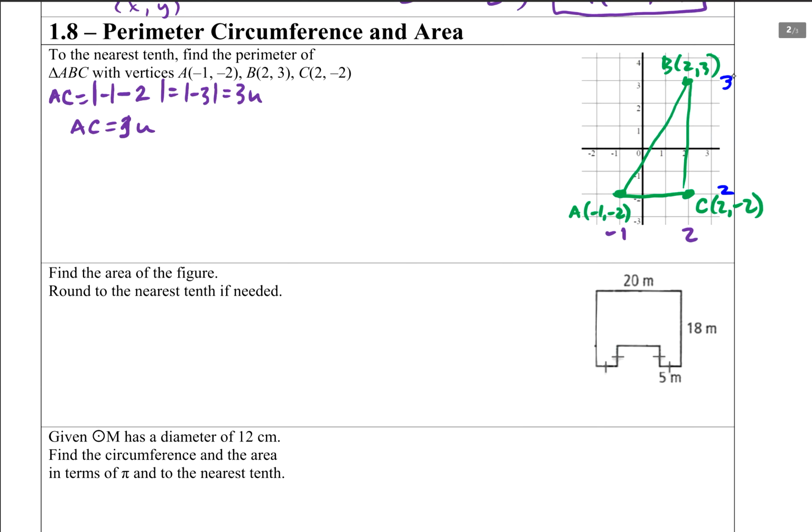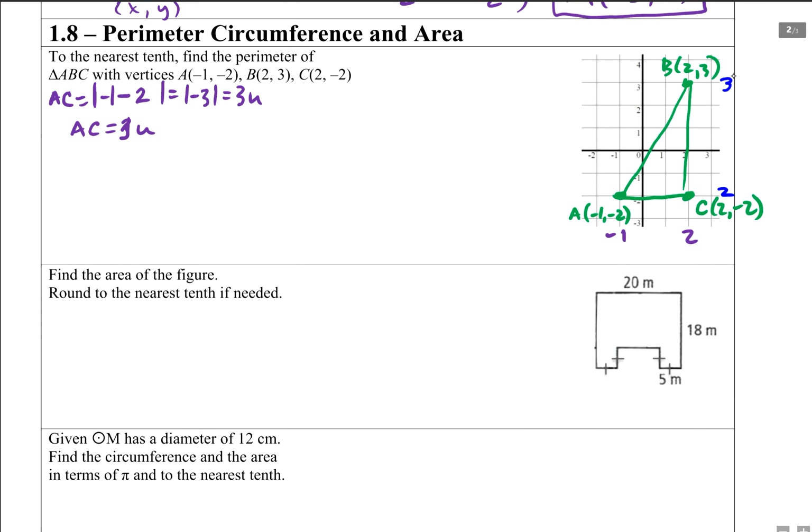Okay, so the length of BC equals the absolute value of 3 minus -2.